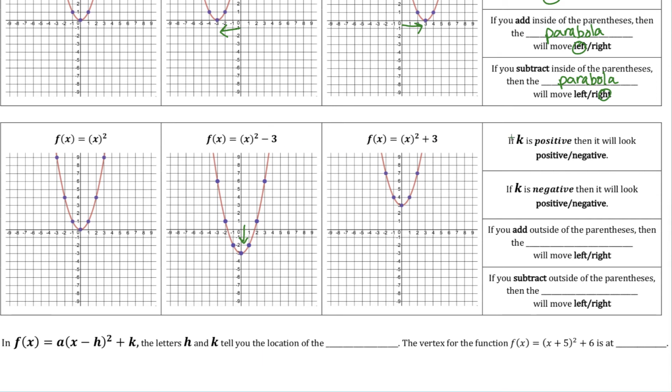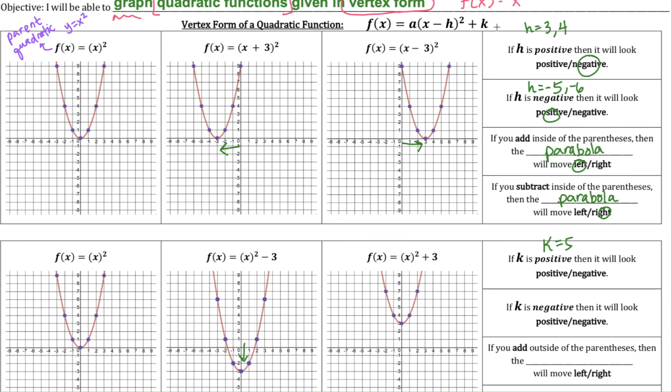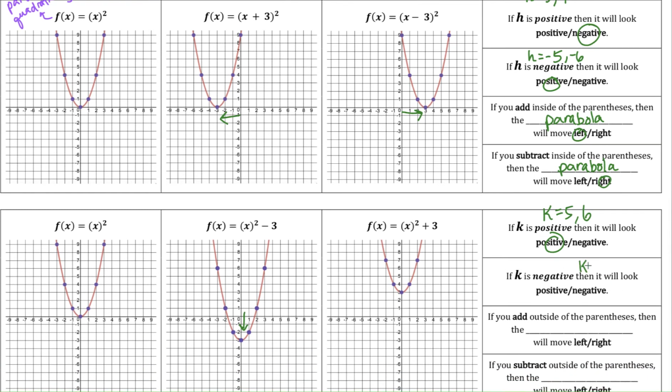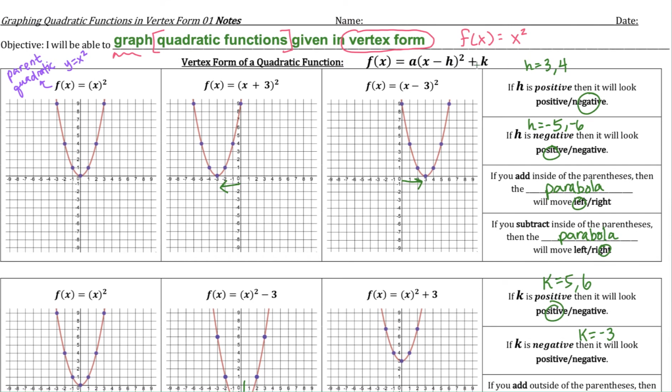If k is positive, so let's pretend k is 5, then it'll say plus 5. If it's 6, it'll say plus 6. If it's positive, it'll look positive. But if k is negative 3, it'll say plus negative 3, which is minus 3.